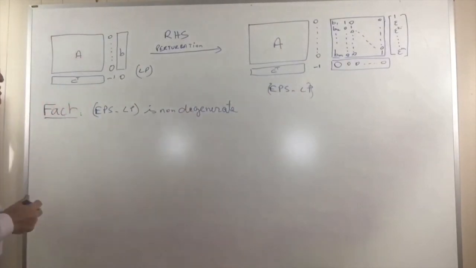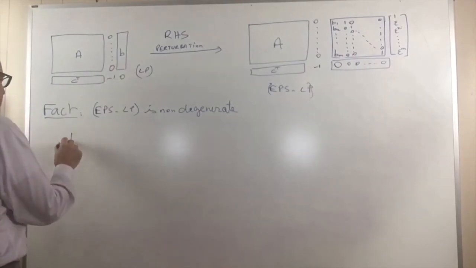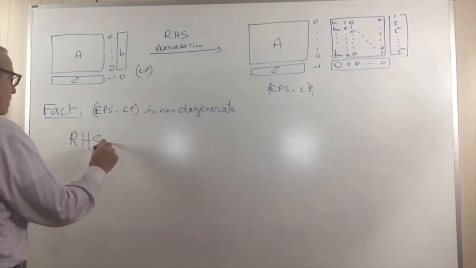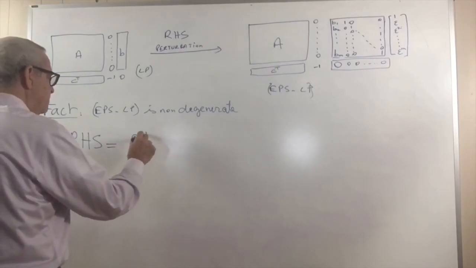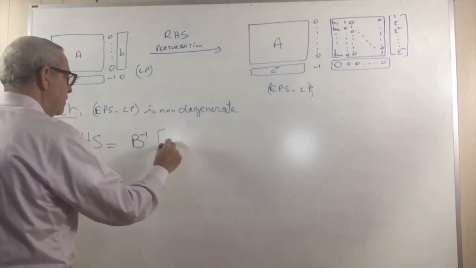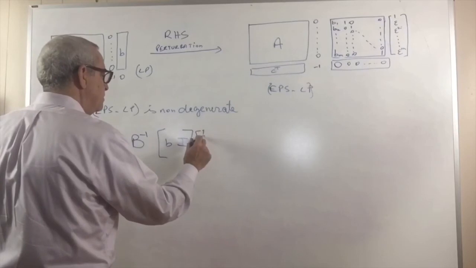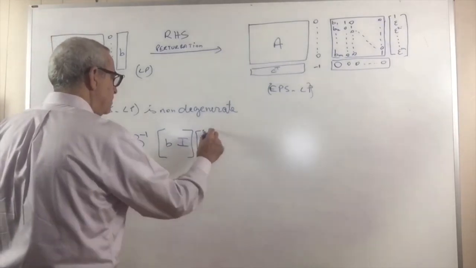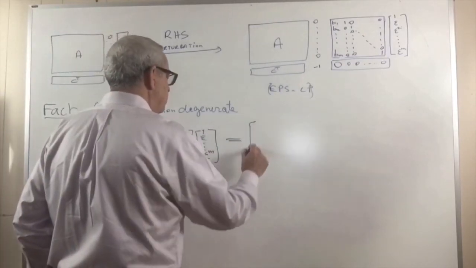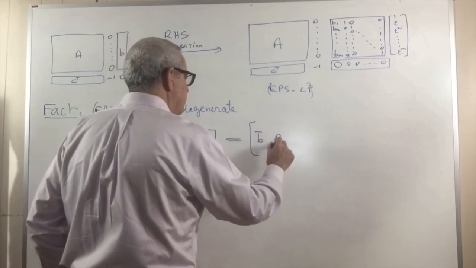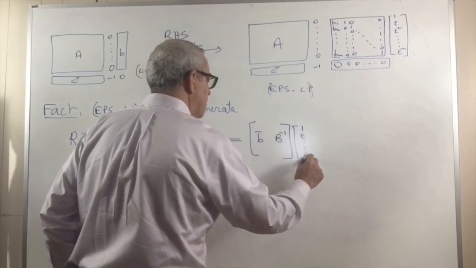Okay, the proof is quite simple, because what is degeneracy? It's having a 0 on the right-hand side. But what is the right-hand side after we do many pivots? In any simplex tableau, it's equal to B inverse times the original right-hand side, which is equal to B bar B inverse times 1, epsilon, up to epsilon to the power n.